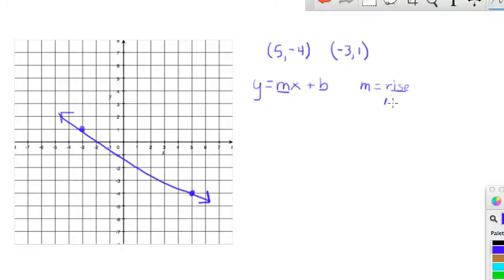So I just look between my 2 dots, and they went down 1, 2, 3, 4, 5, and over 1, 2, 3, 4, 5, 6, 7, 8. So down 5, that's a -5 for the rise, and right 8, that's an 8. So that tells me my slope is -5/8. So I'm half done.